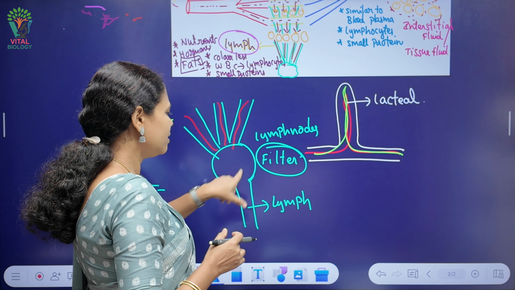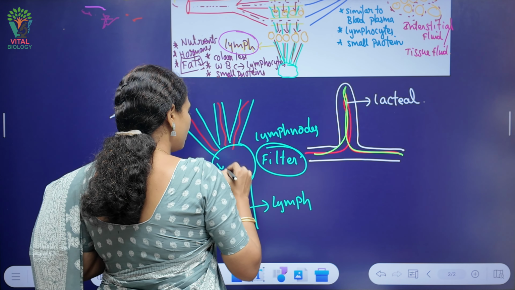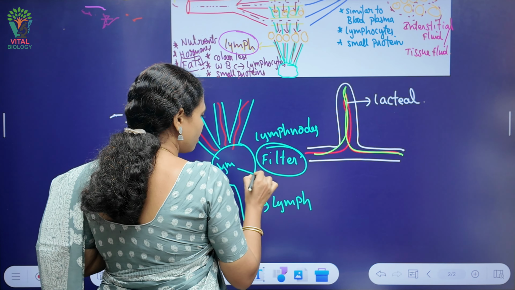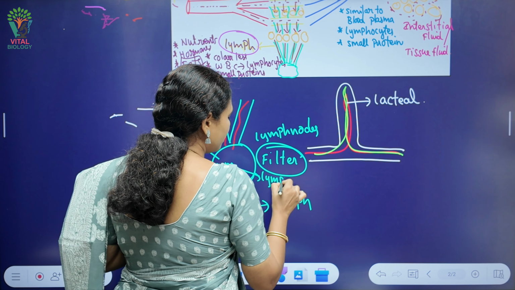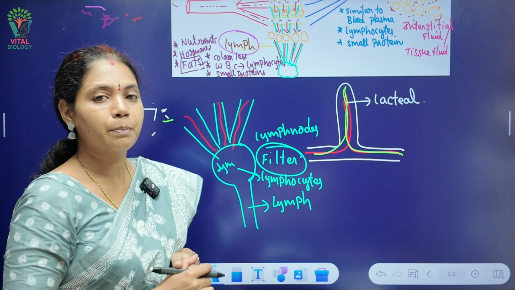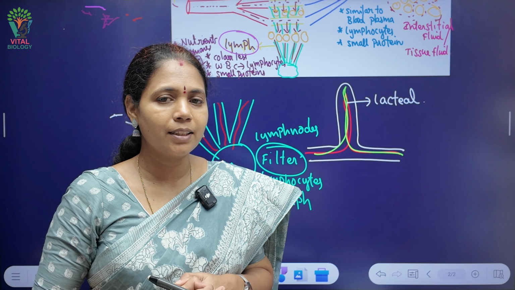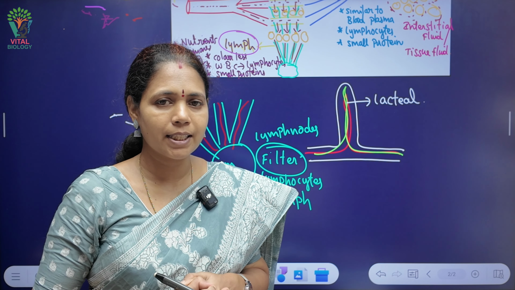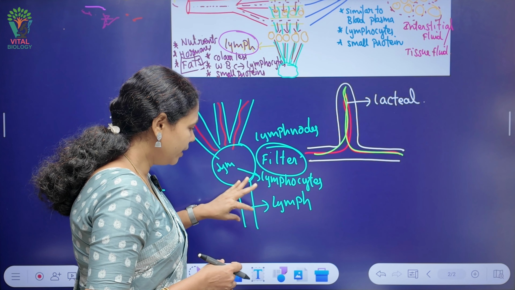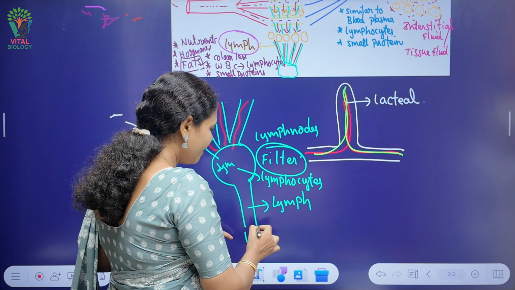In this filtering process, the specific cells mainly playing a role are the lymphocytes, like T lymphocytes and B lymphocytes. With their specific immune response, they clear the pathogens if any are present in this fluid.